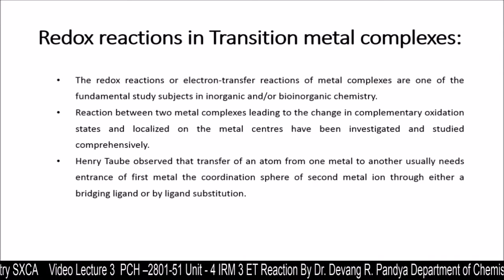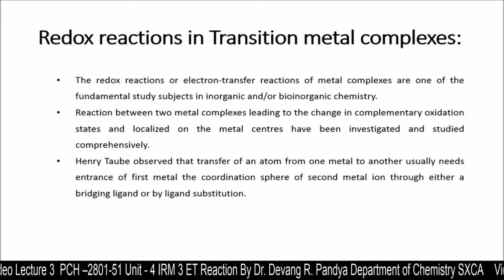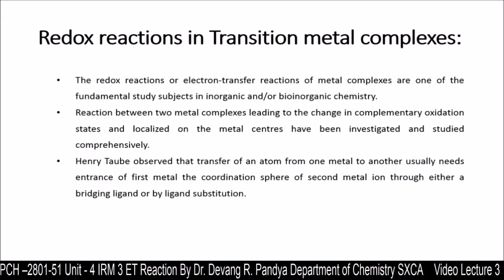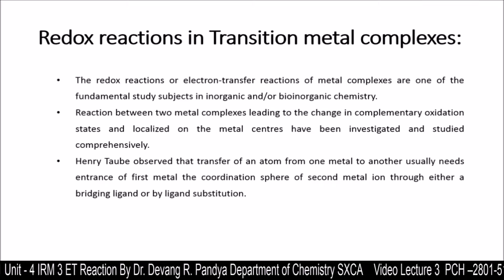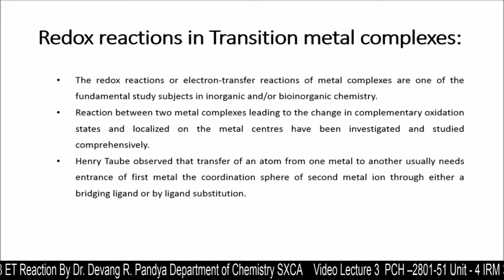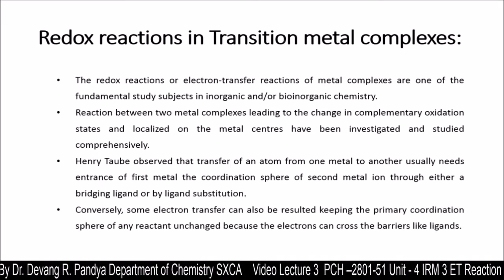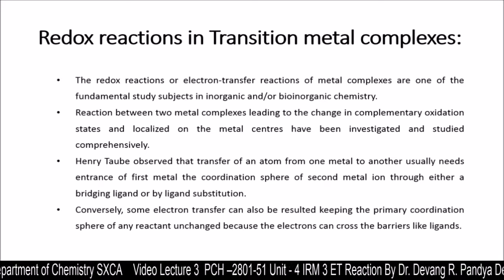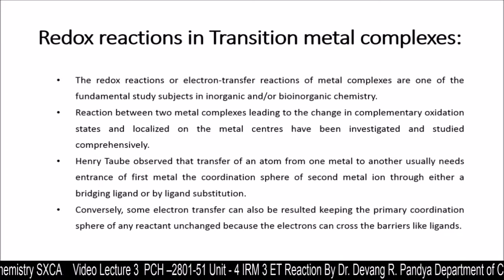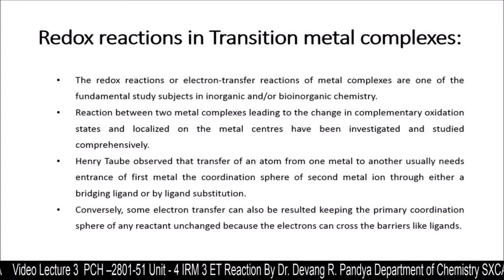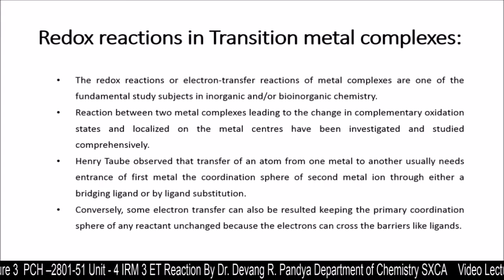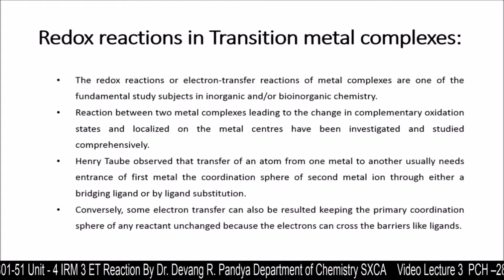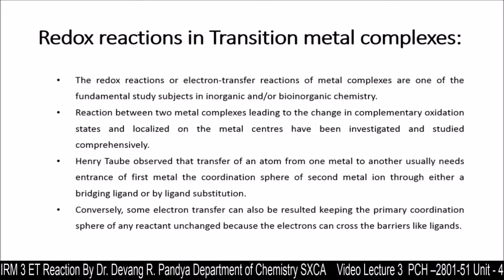So there are two ways. The atom or electron will transfer through a bridging ligand or through a ligand substitution reaction. Conversely, some electron transfer can also occur keeping the primary coordination sphere of either reactant unchanged, because electrons can cross barriers like ligands.